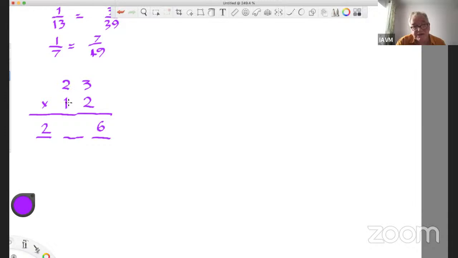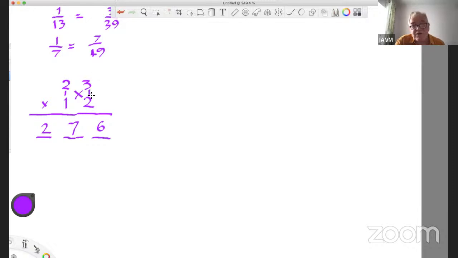And then adding these two together. 3 add 4 makes 7. So the process here is to multiply 2 by 1 vertically, giving 2. Crosswise, sum of the cross product is 7. And then vertically, 3 into 2 goes 6. And hence the sutra for this is urdhva tiryambhyam, or vertically and crosswise.